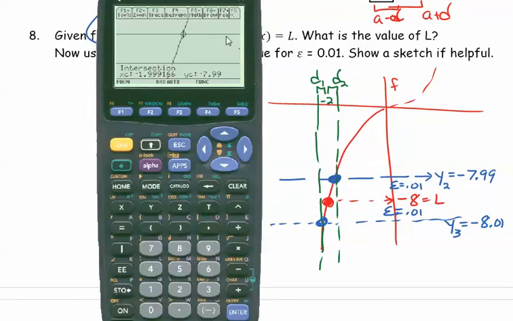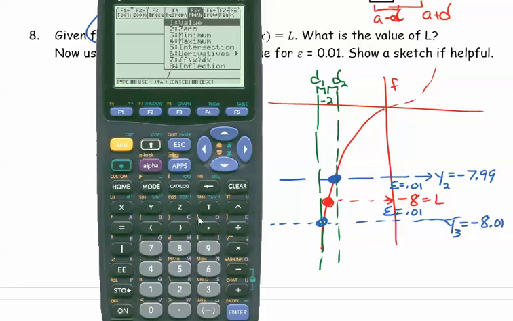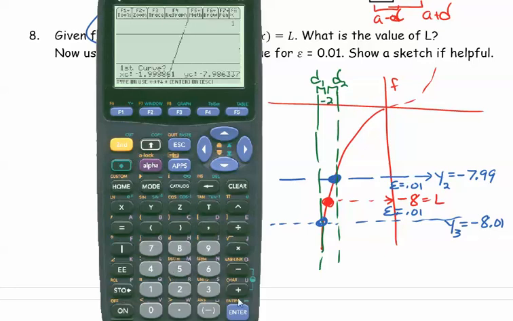After I transfer that to the paper, and I'll show you that in a minute, I would want to come back and do F5 intersection, and this time the intersection of y1 and our other function y3.